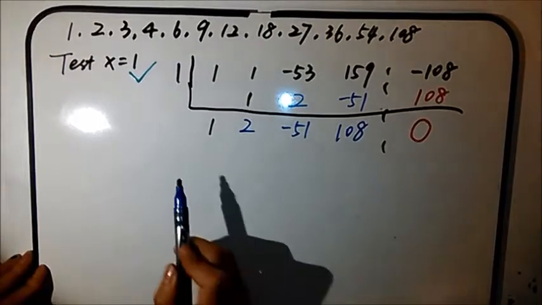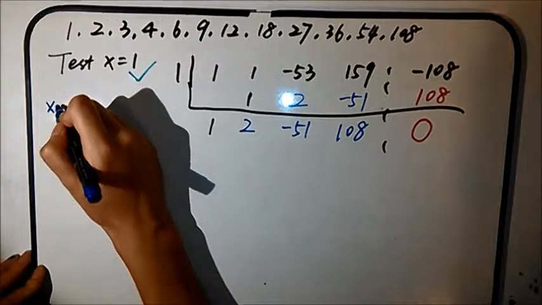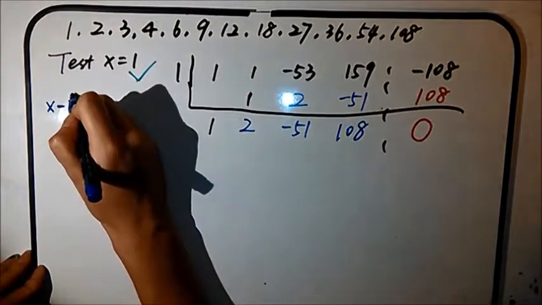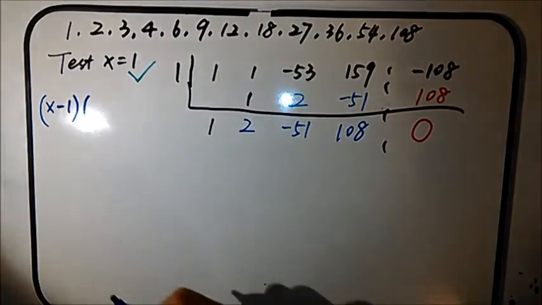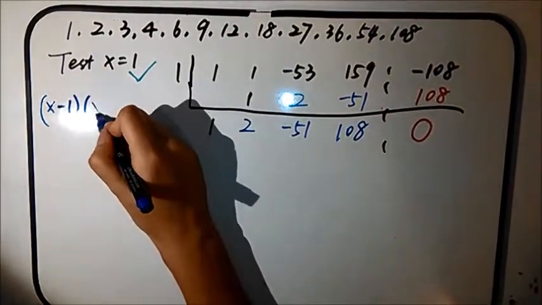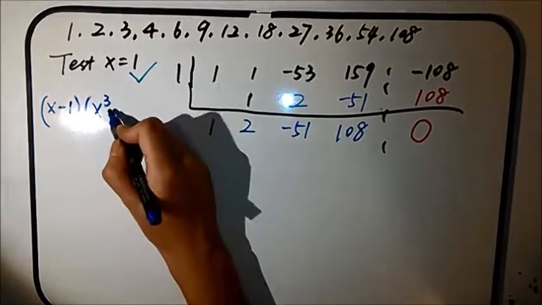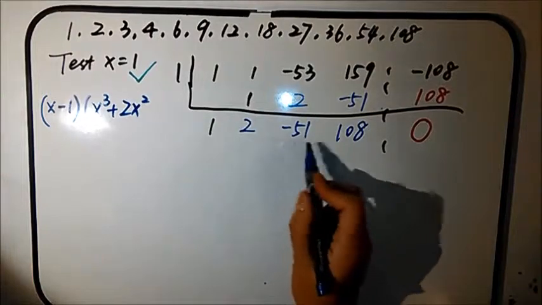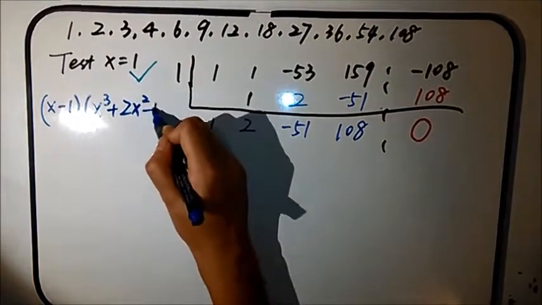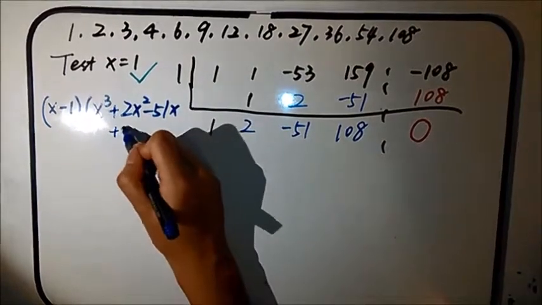So let's first write down our divisor, x minus 1, times x cubed plus 2x squared minus 51x plus 108. Ran out of space there.